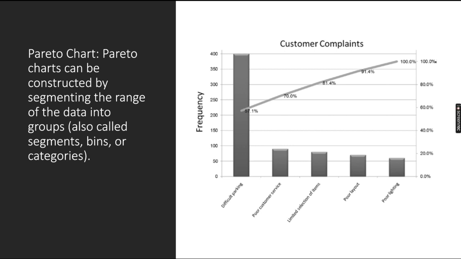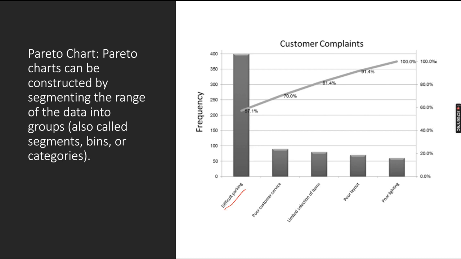A Pareto chart can be constructed by segmenting the range of the data into groups, also called segments, bins, or categories. So here we have difficulty in parking. Suppose there is a mall and we want to know why customer complaints are given.